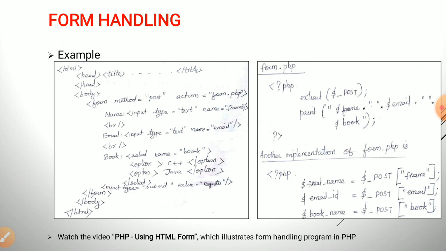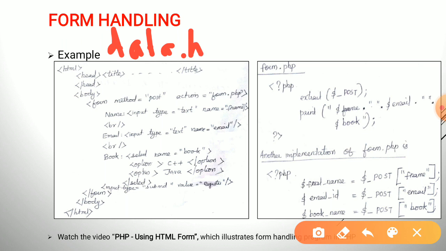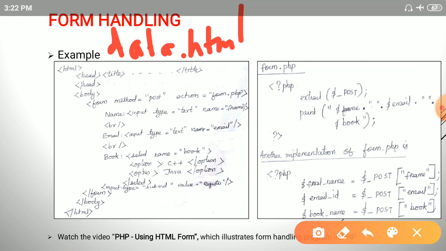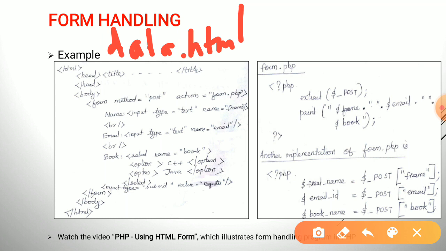Now this shows an example. It contains two files. The first file is data.html. This HTML document contains a form to request user details, and the form data are processed by the form.php file.